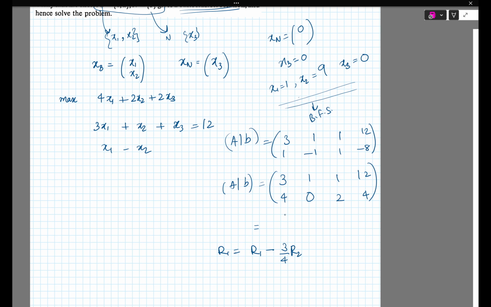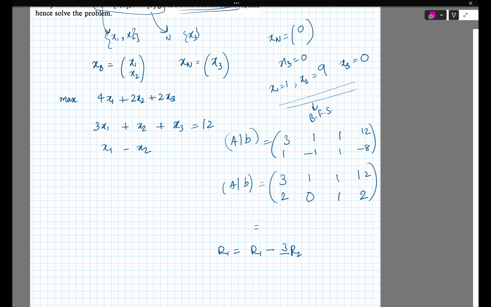Either you can take R2 tending to R2 by 2, then R1 tending to R1 minus R2. That will be easy calculation. R2 becomes R2 by 2, then 2 0 1 2, then R1 becomes R1 minus R2.